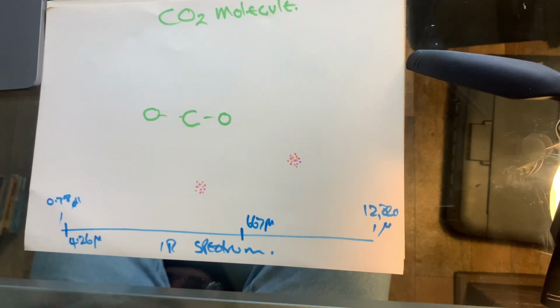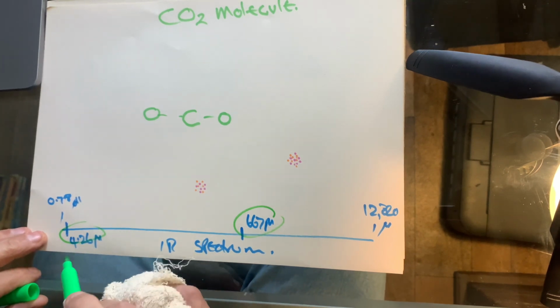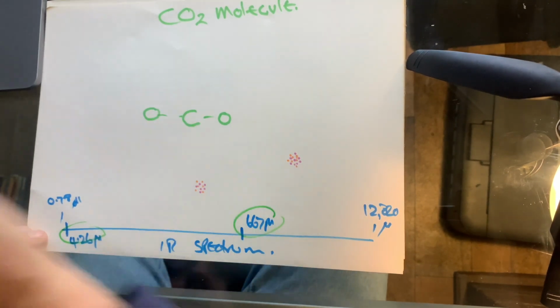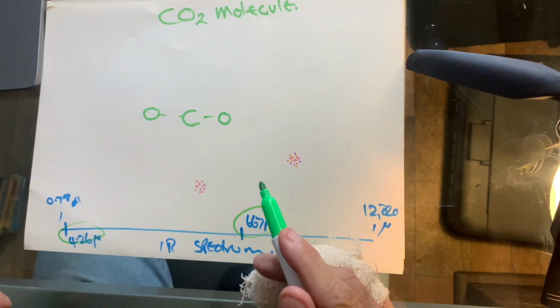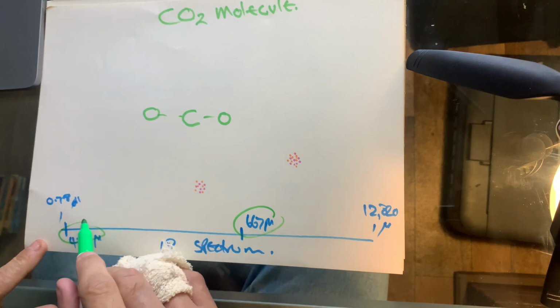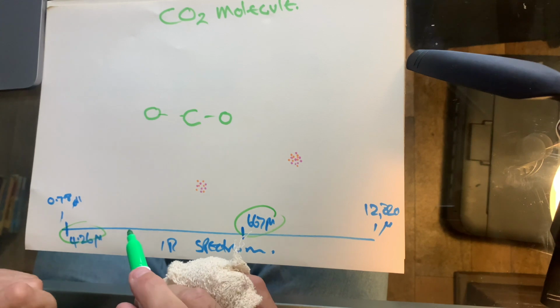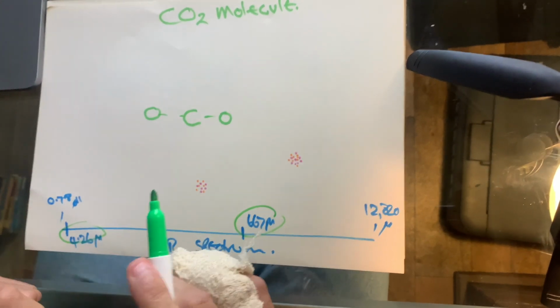It's at these 2 locations on the infrared spectrum that CO2 molecules start getting excited and actually do something. Any other infrared photon striking that CO2 molecule is just going to pass straight through it.